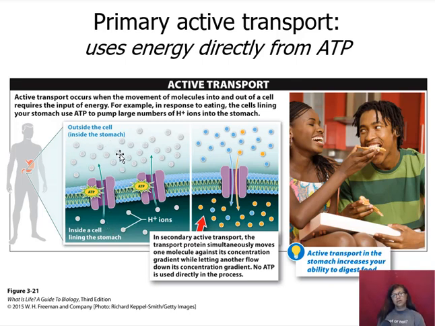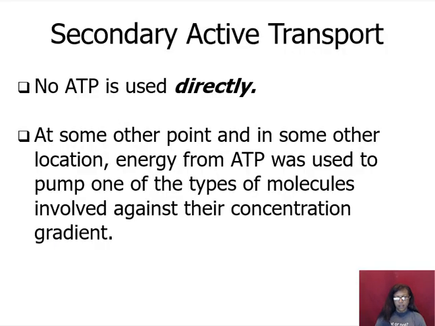Well, the hydrogen ions aren't going to want to go in there through diffusion because it's a high concentration and particles don't like each other. They want to stay apart, right? So they're not going to move by diffusion. And so what has to happen is what's called active transport, where the body is actually pumping them into the stomach. And that requires ATP, okay? So when you see ATP being used to transport, you know that it's active transport, okay?